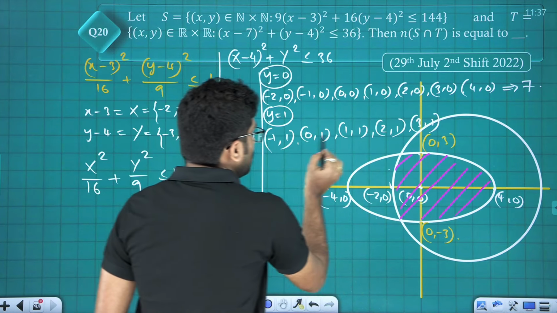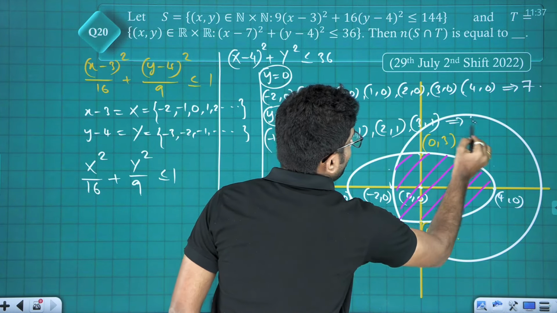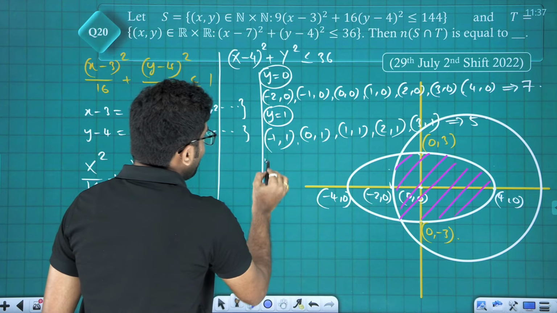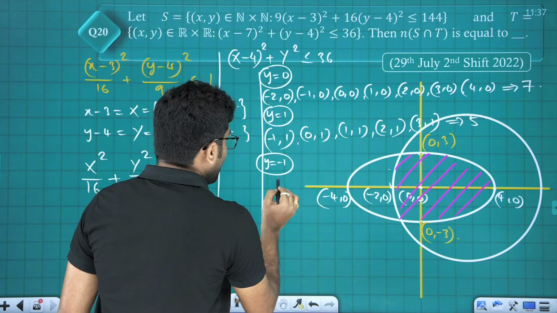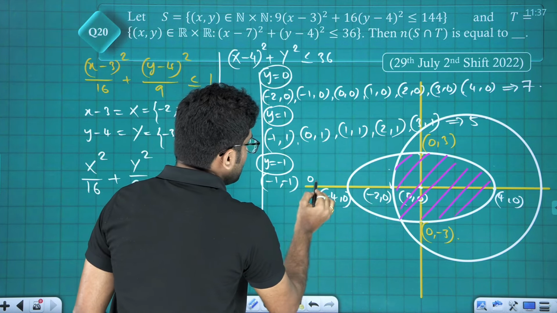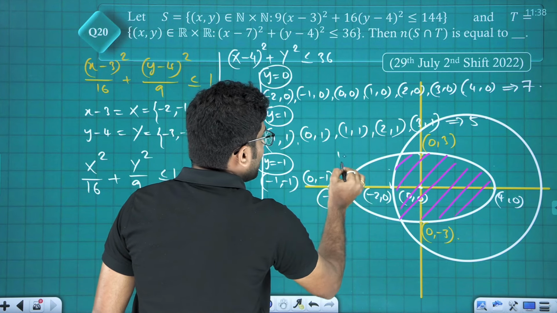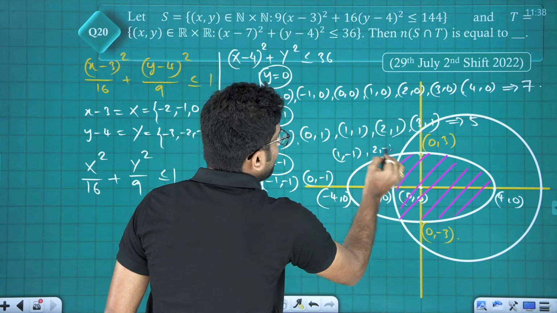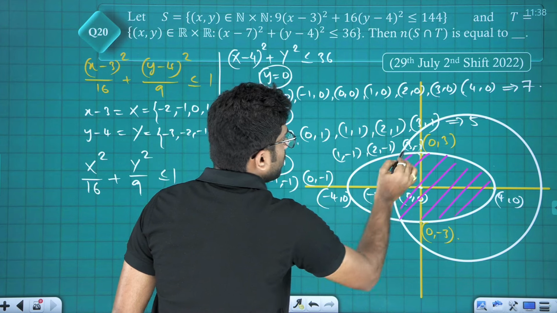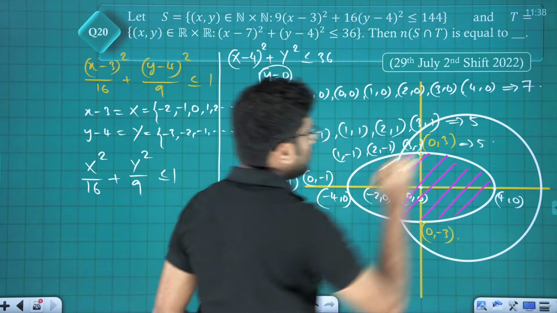That means 1, 2, 3, 4, 5. We have got 5 solutions in this case. In a similar way, if y is -1, same: -1, -1, 0, -1, 1, -1, 2, -1, 3, -1. We get again 5 more solutions.